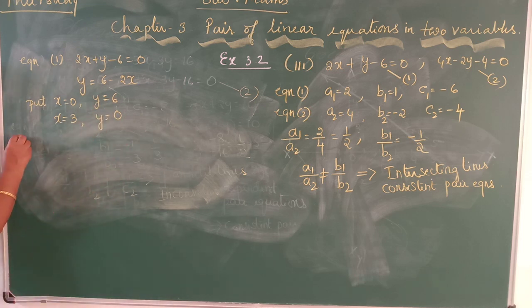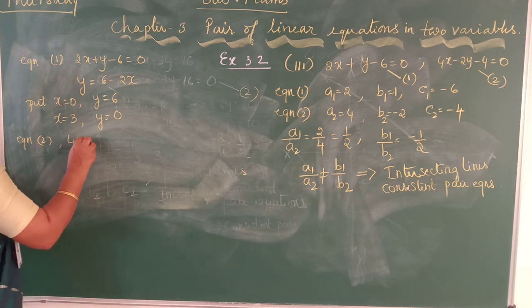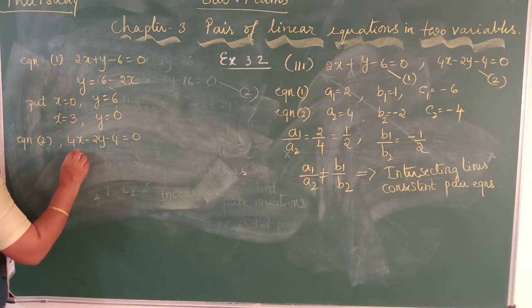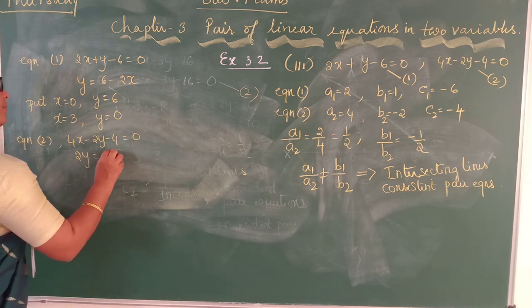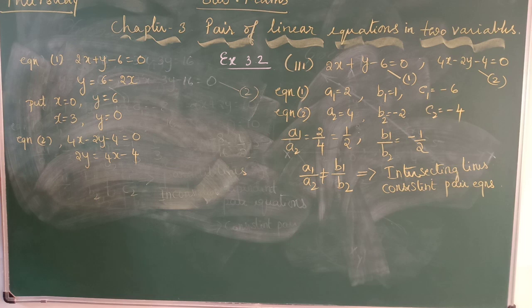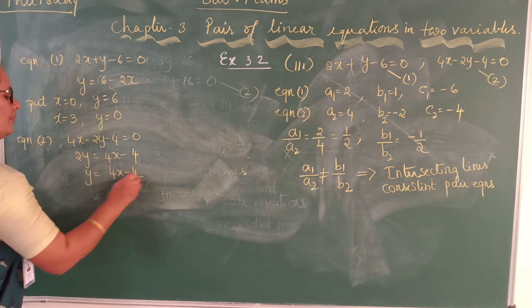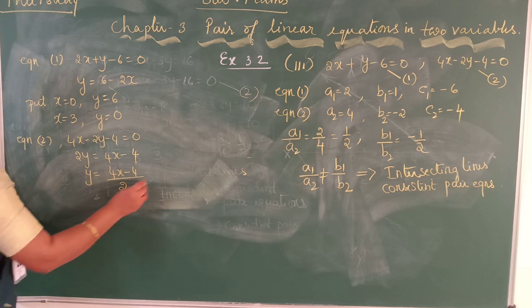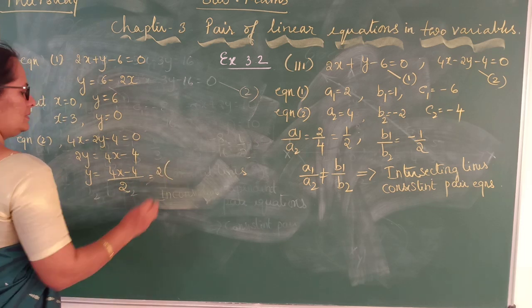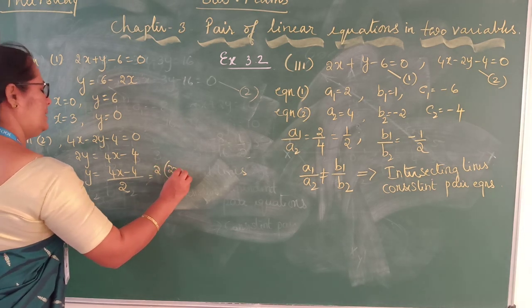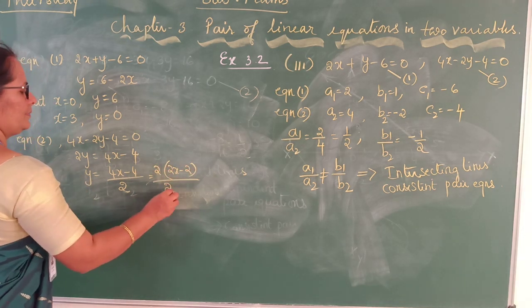Then the second equation, 4x minus 2y minus 4 equals 0. So 2y equals 4x minus 4. So y equals 4x minus 4 divided by 2. Now take 2 as common. So 2x minus 2 divided by 2.